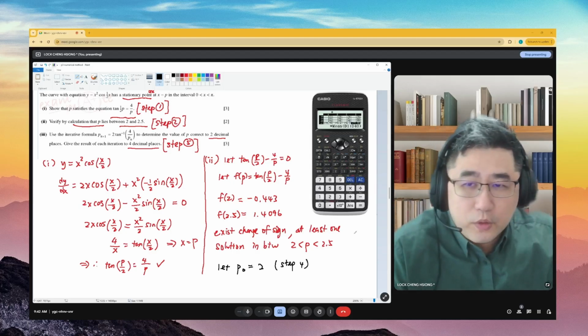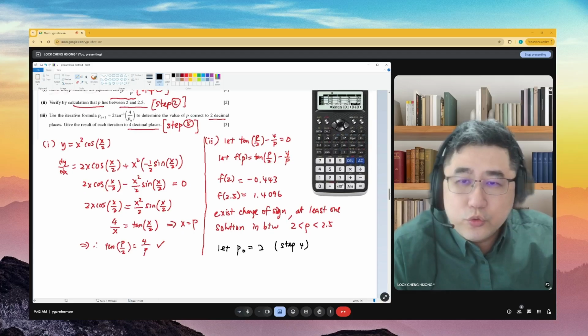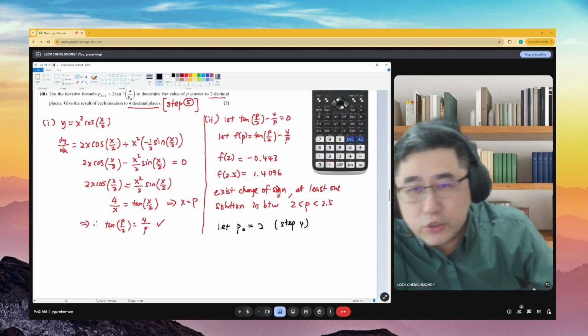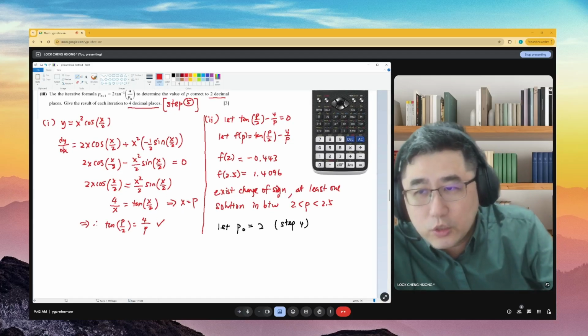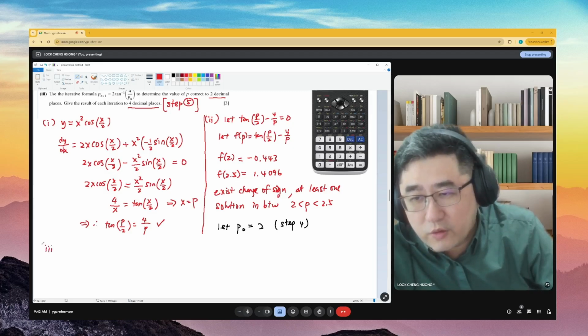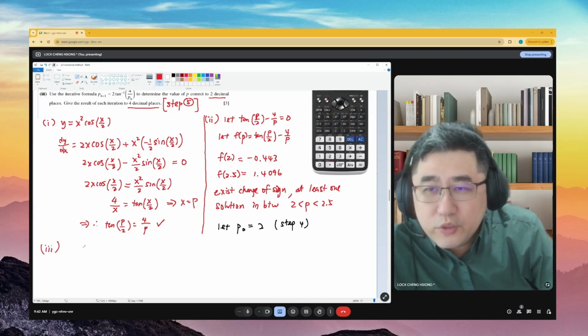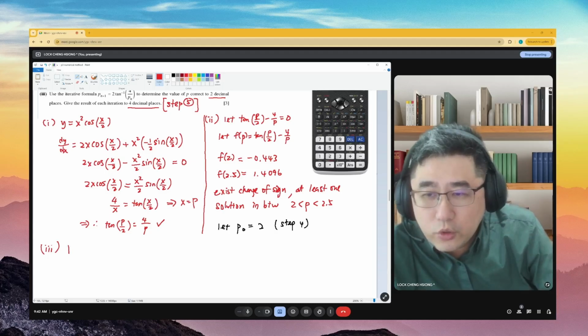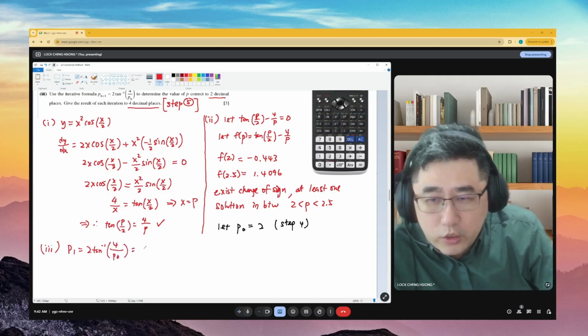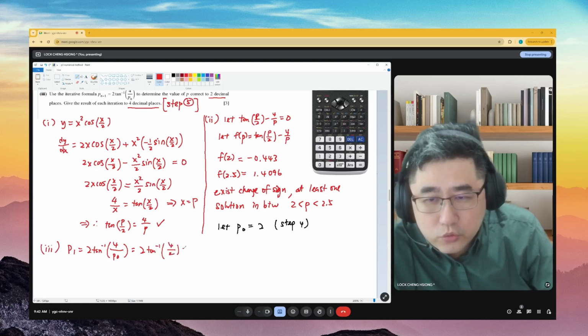Now I'm going to do my iteration procedure for step 5. For presentation, you must show your first substitution: P1 equals 2 arctangent of 4 over P naught, so 2 arctangent of 4 over 2.